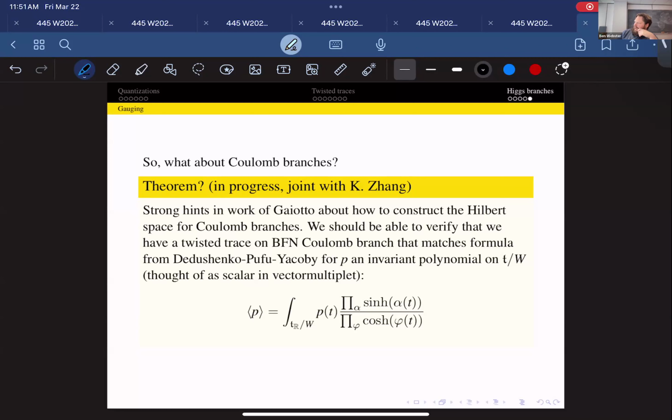So, one kind of natural way to think about this is if you have a twisted trace on your algebra, then you naturally get an ideal from that, which is all the things A such that the trace of AB vanishes for all B. And because it's a twisted trace, right, this is a two-sided ideal, because when I multiply by something on either side, I can move it around to the other side.